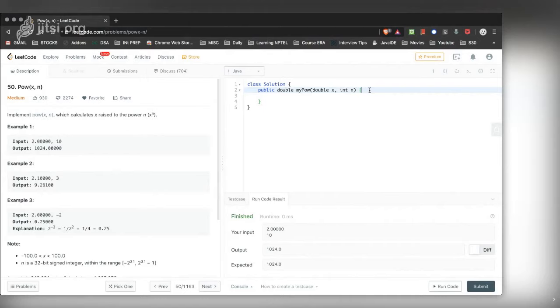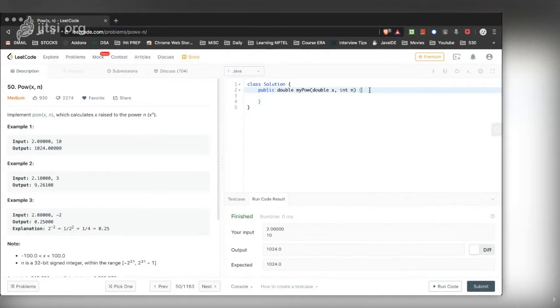So in order to get our solution accepted, we just go with the divide and conquer strategy, where we try to divide the power value by half and solve the problem for half of the problem.